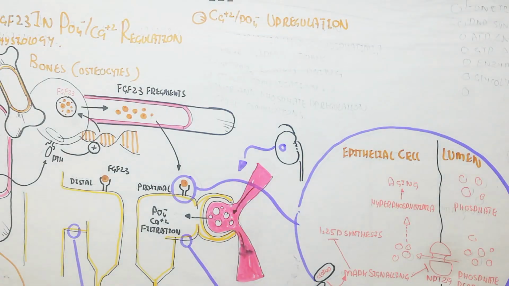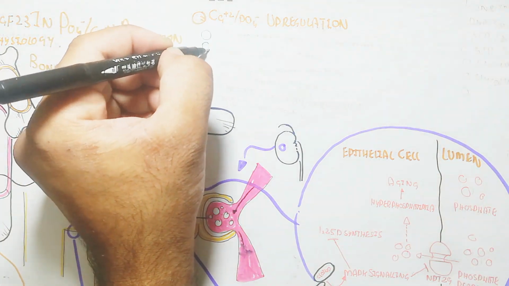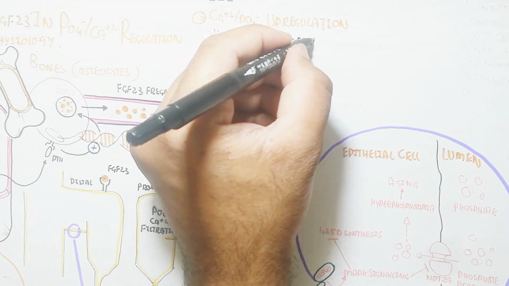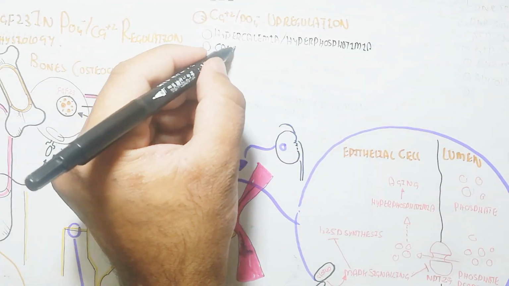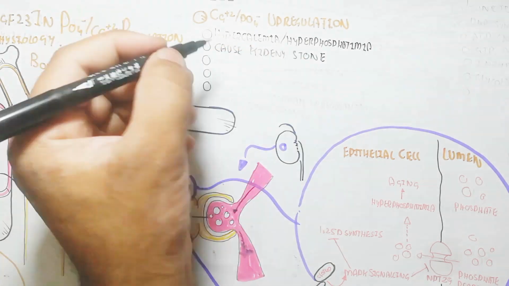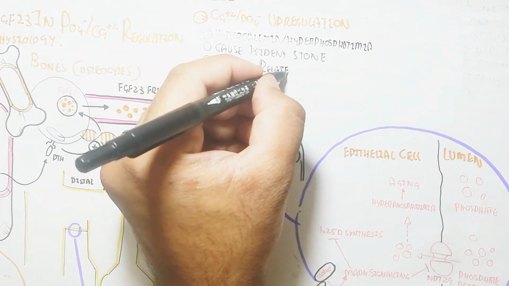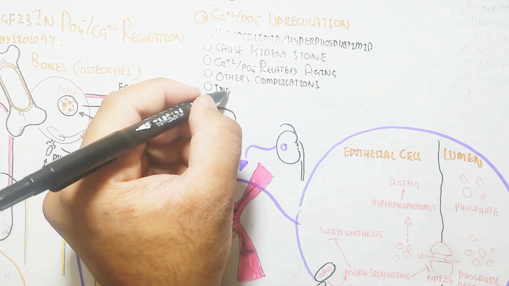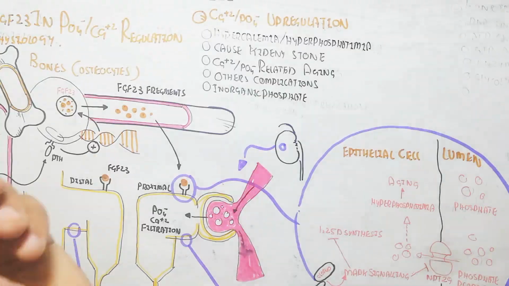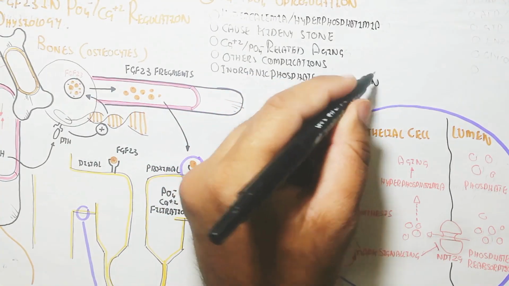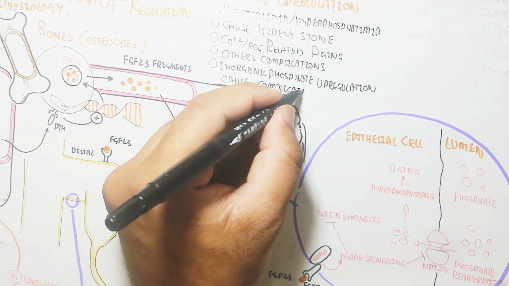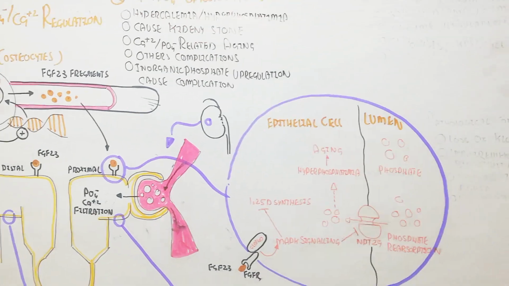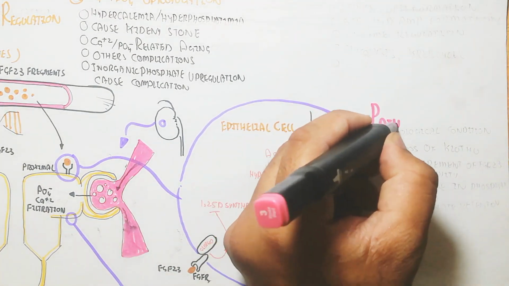Anyhow, calcium and phosphate upregulation will lead to hypercalcemia and hyperphosphatemia. This can cause kidney stones, and calcium and phosphate related aging and other complications are possible. Inorganic phosphate upregulation causes complications like aging and kidney stones. Disease can occur due to upregulation of calcium and phosphate, but the normal physiology and homeostatic effect of FGF23 is very important.